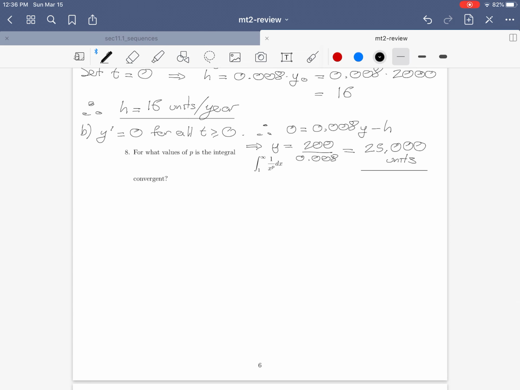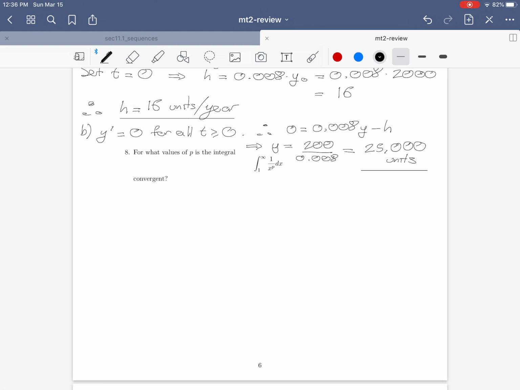Finally, one final question to conclude this lecture. We're going to come back to this question of improper integrals, and to this important topic of integrals that take the form of the integral of 1 over x to the p for x between 1 and infinity.